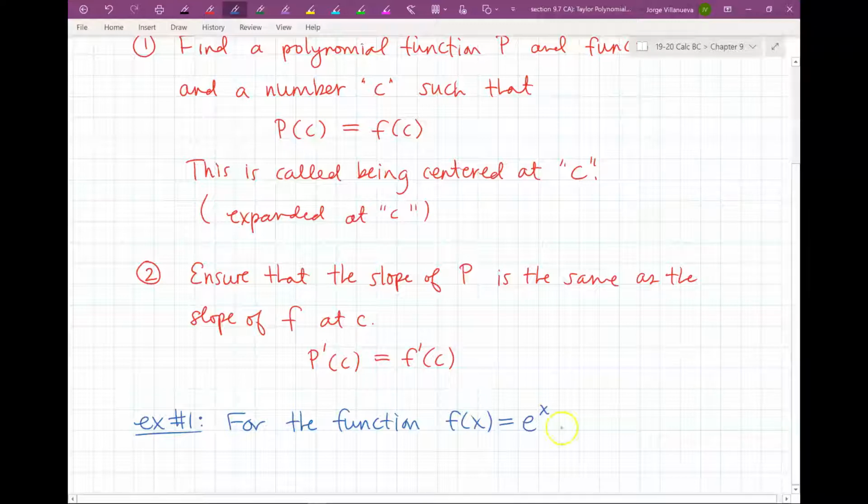So for the function f of x equal to e to the x, find a first degree polynomial. So we're trying to do an easy problem here.